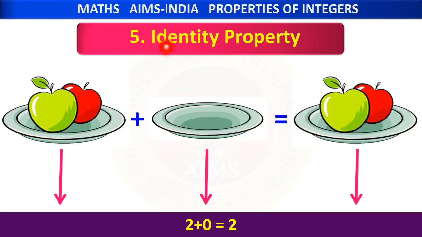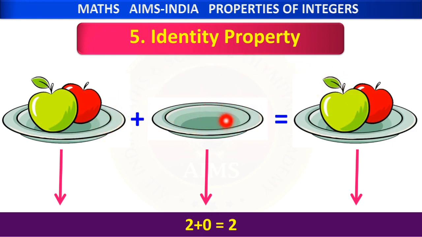So in the same way, identity means what the number is. When we add a certain number to the given integer, the answer should be the same integer. The identity should not be changed. When we had apples, the result should also be apples.